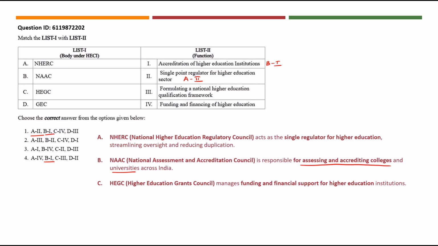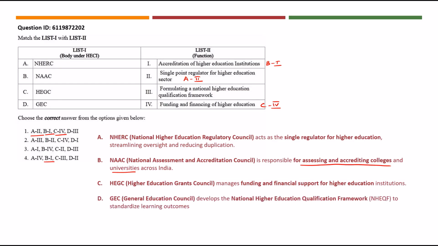So here we have funding and financing of higher education in the 4th statement. C will be mapping to 4. What about D? GEC, General Education Council. This develops the National Higher Education Qualification Framework, NHEQF, to standardize learning outcomes, formulating a National Higher Education Qualification Framework. So D will be mapping to 3.